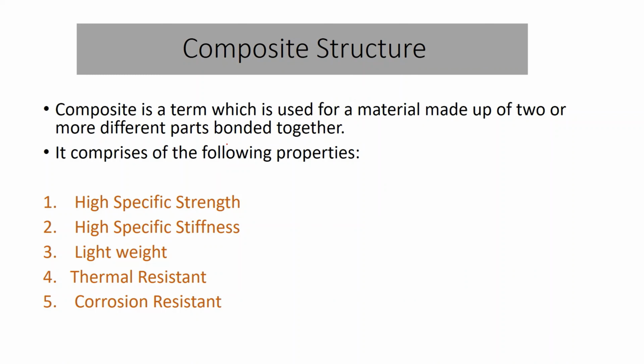So first of all we will see the term composite. A composite is a term used for a material made up of two or more different parts bonded together.